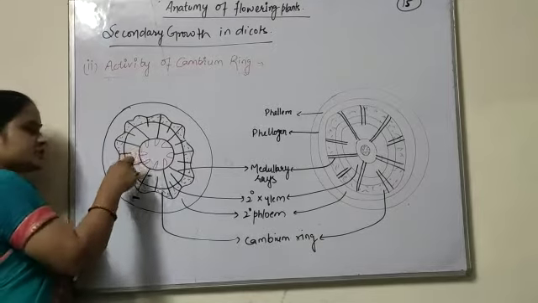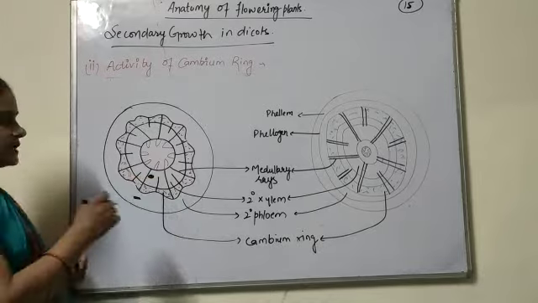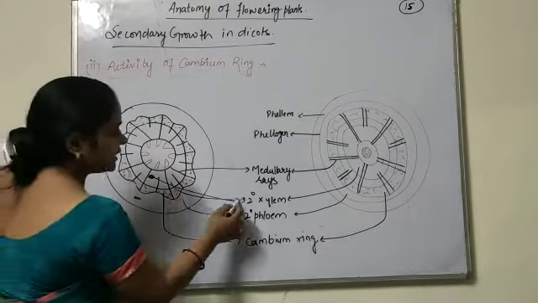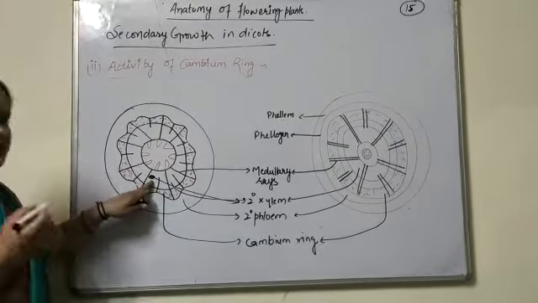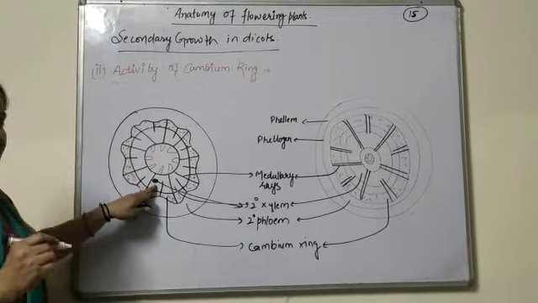When it cuts cells towards the pith, it produces this portion, known as the secondary xylem part. This secondary xylem part is formed when the cambium ring becomes very active.